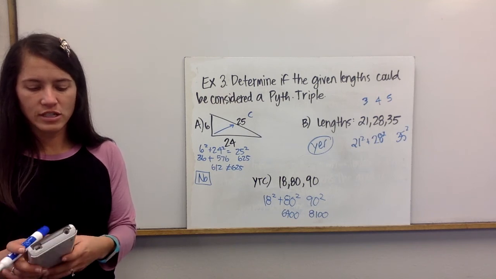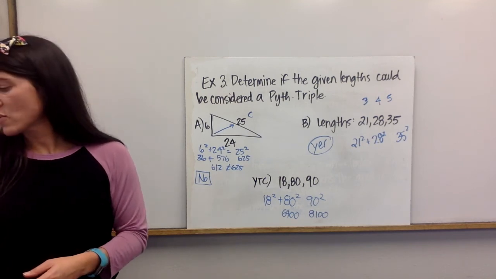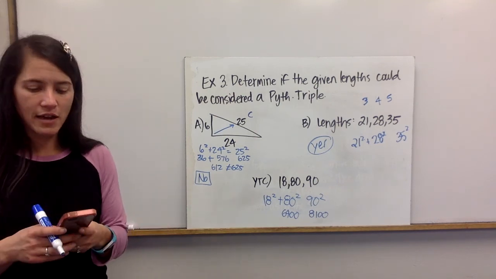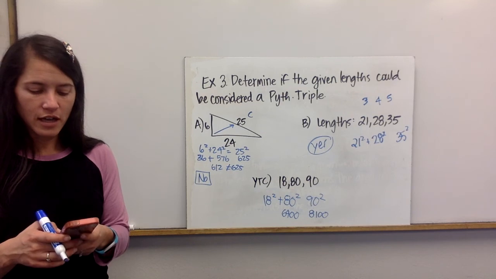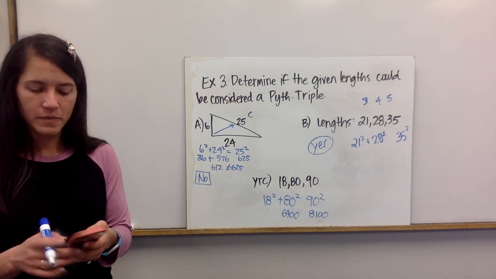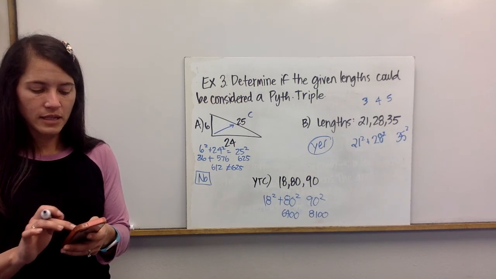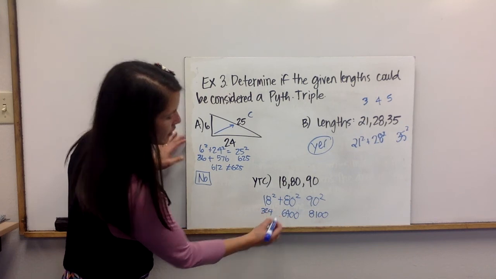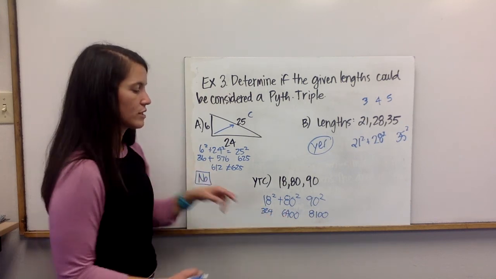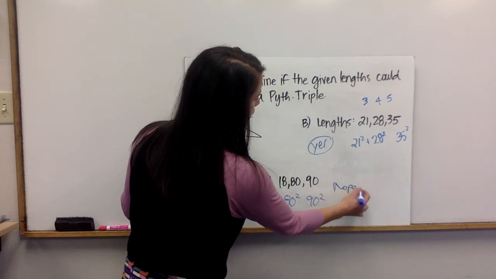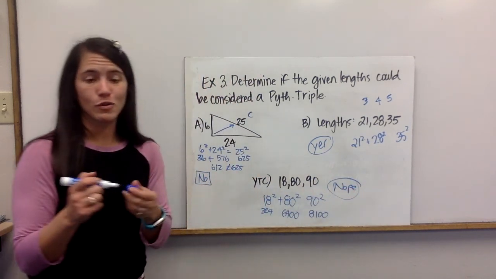Oh man, my battery just died. 18 squared, I don't know, but whatever it is, I can multiply it out, but this video is long enough. 18 times 18, 324. So if I add 324 to 6400, it's going to be under 8100. So the answer is nope. This is not a Pythagorean triple.